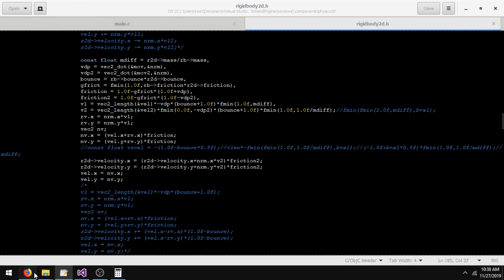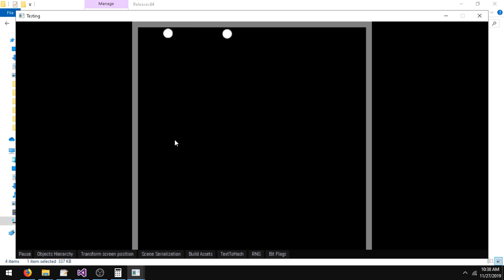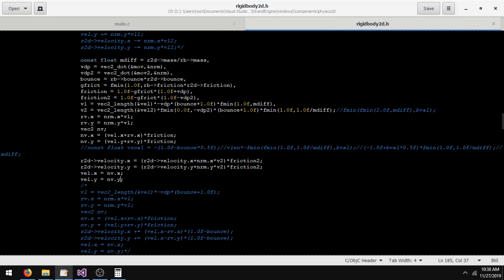Oh shit, so this isn't even working correctly. Maybe I can try adding the negative of each of these.